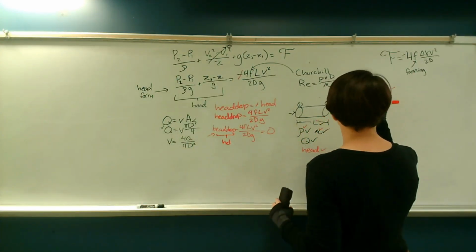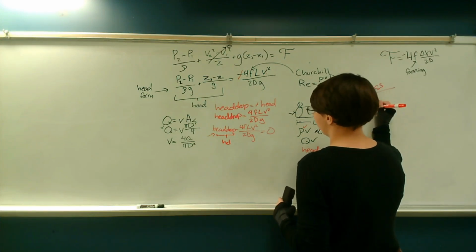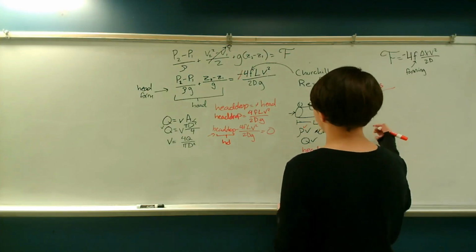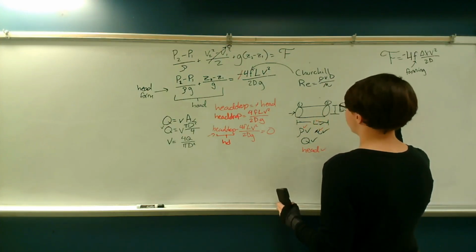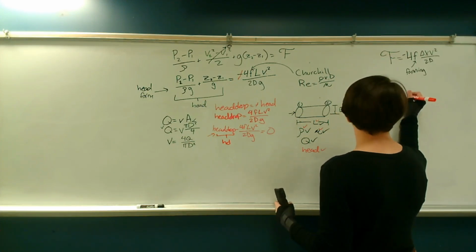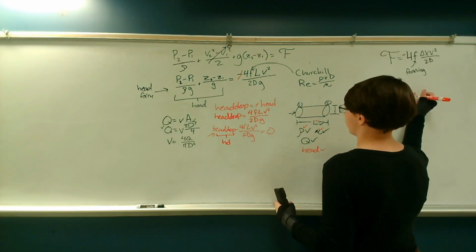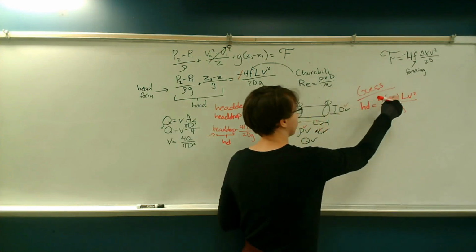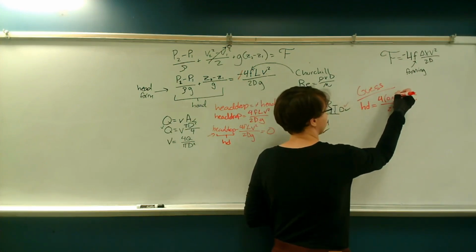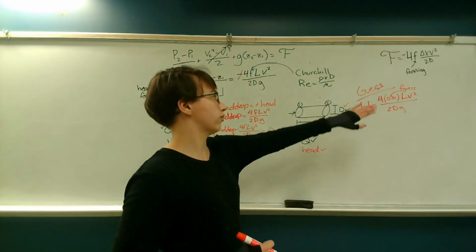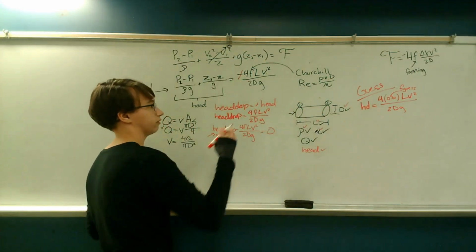So we're going to have that the head drop is equal to 4 times our fanning friction factor, which we're going to put a guess in for, times the length times velocity squared over 2dg. So this guess, let's just say 0.01. So that's our guess for the fanning friction factor, and I just took that equation straight from here.